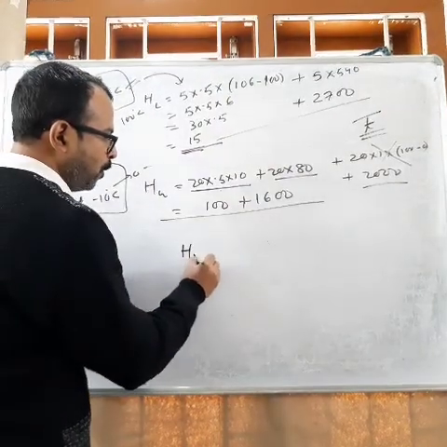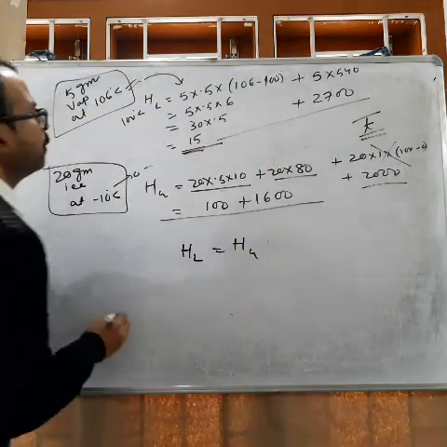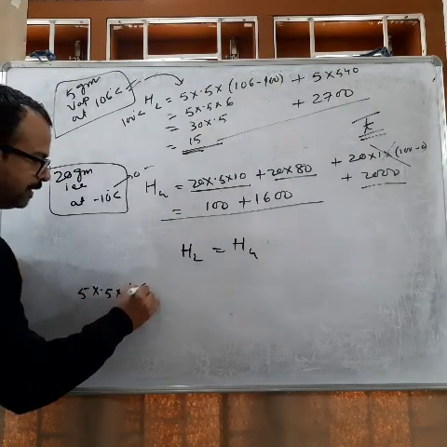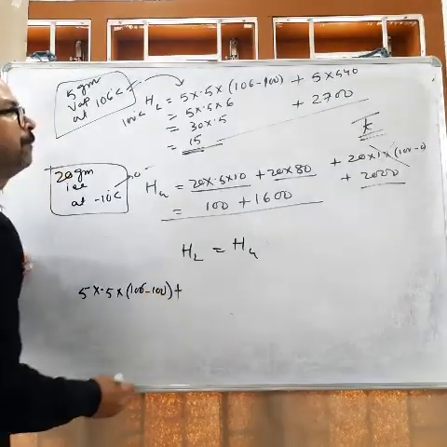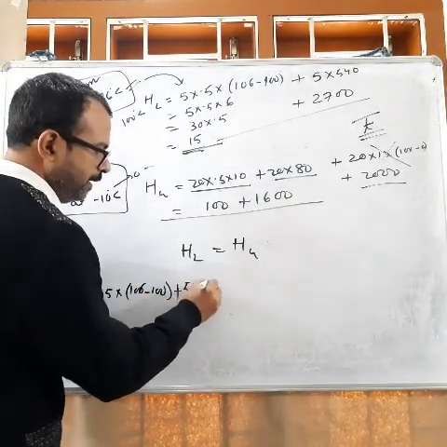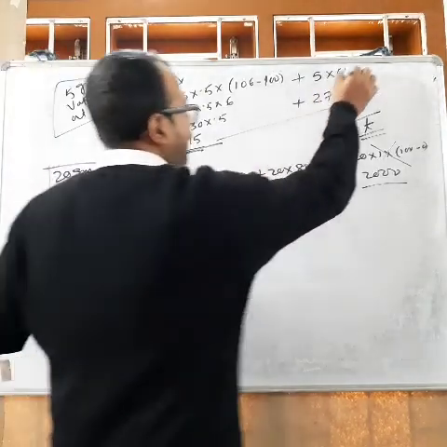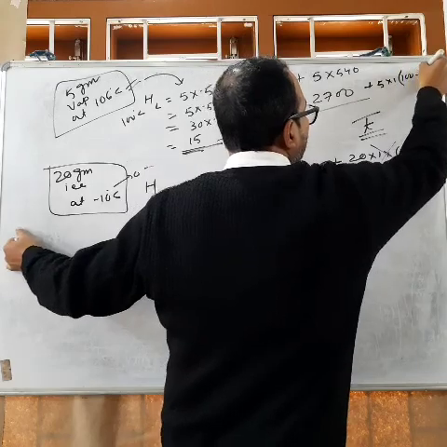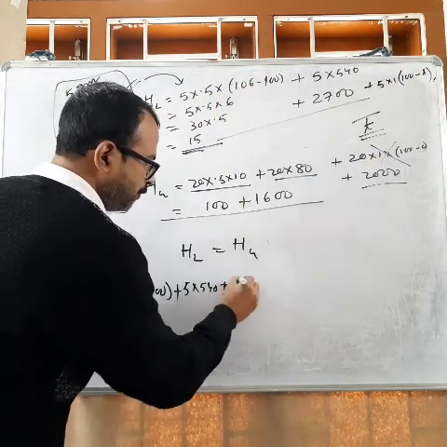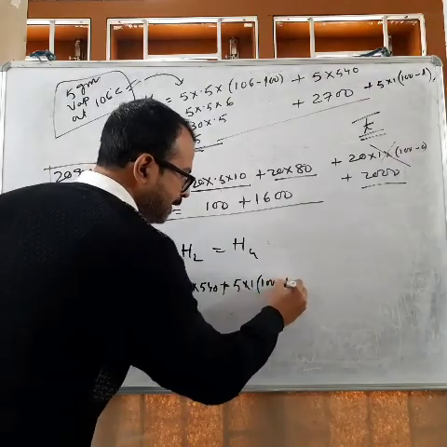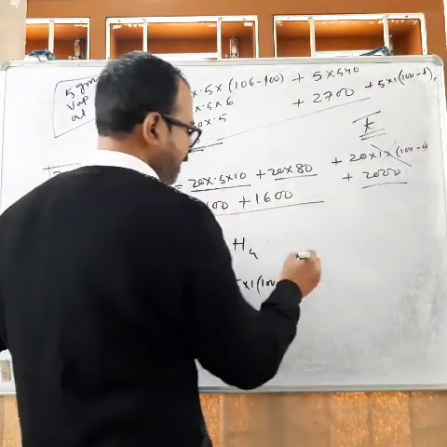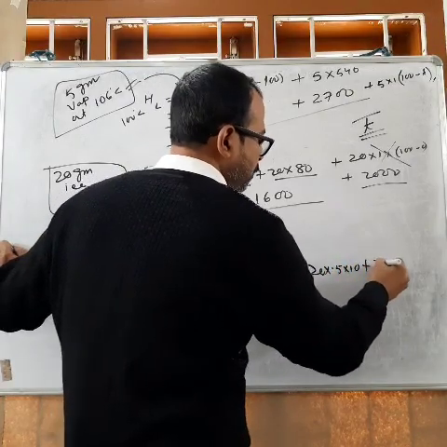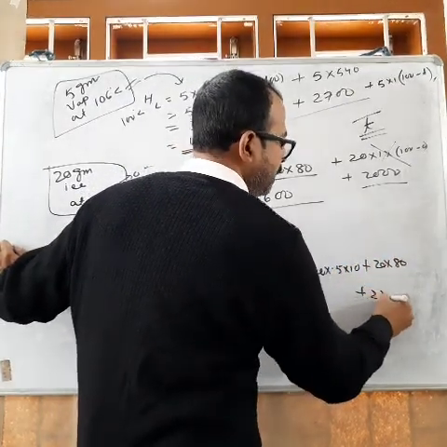So let me write heat loss equal to heat gain. Heat loss I am writing 5 into 0.5 into 106 minus 100 plus 5 into 540. It is 100 degrees C now, it is cooling, so 5 into 1 from 100 it is cooling to T. So plus 5 into 100 minus T. Heat gain, first part is this 20 into 0.5 into 10 plus 20 into 80 plus 20 into 1.